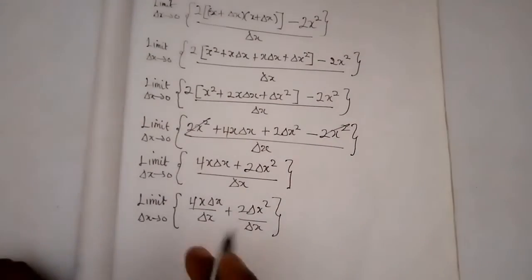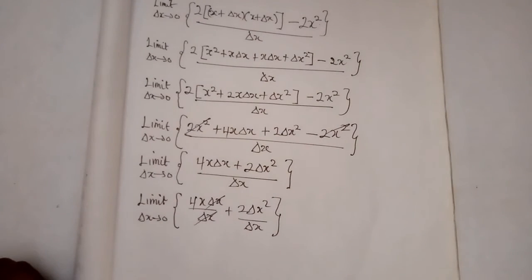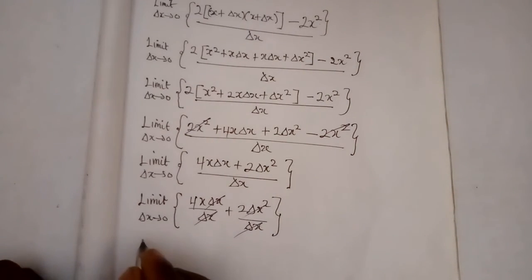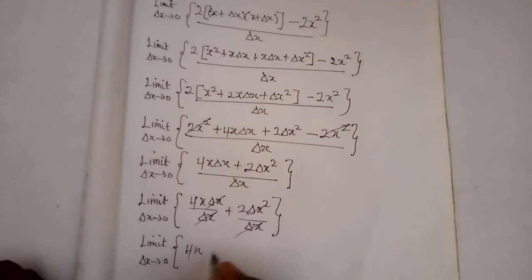Okay, so change of x will cancel change of x, and then change of x cancels this one, and we'll have 2 change of x. So now I have my limit as my change of x approaches 0 of 4x plus 2 change of x.